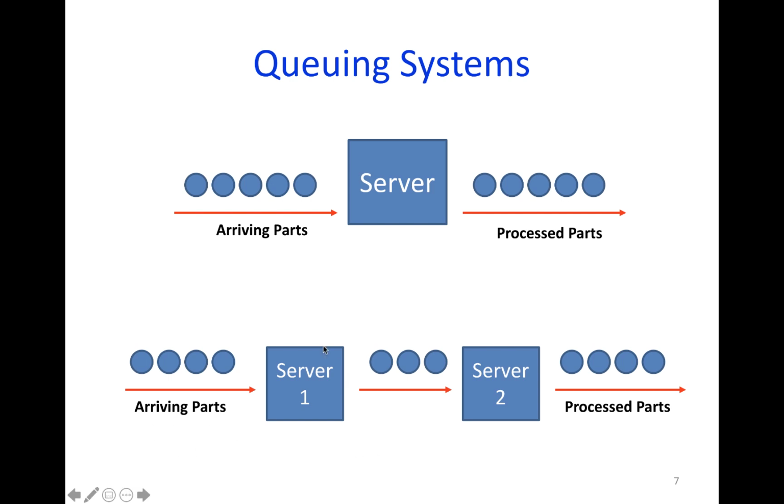The parts arrive, they get processed at server 1 or machine 1, and then they wait in the line for server 2 or machine 2, they get processed, and then they finally leave the system. So we can have any level of complexity. I just wanted to show you this so that if we show anything like this in our future systems that we are going to simulate, you know exactly what they represent.